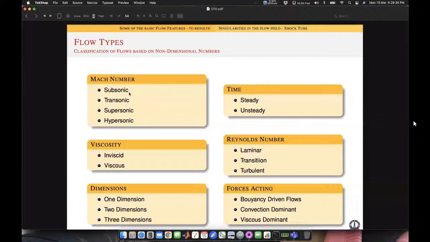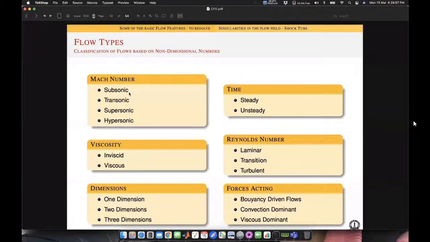Now you can have an object moving relative to the fluid in all these ways. You can have subsonic flow. Suppose you are moving in a bus, or going on a bike, or in an airplane, or traveling in a train.